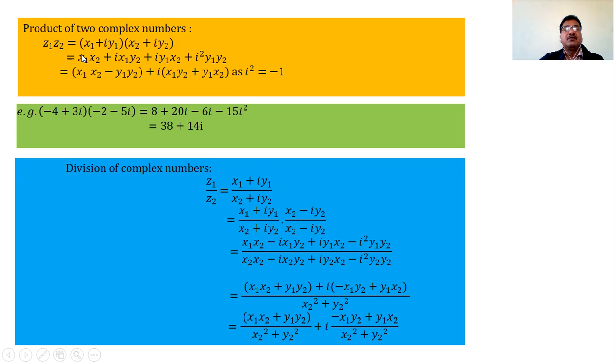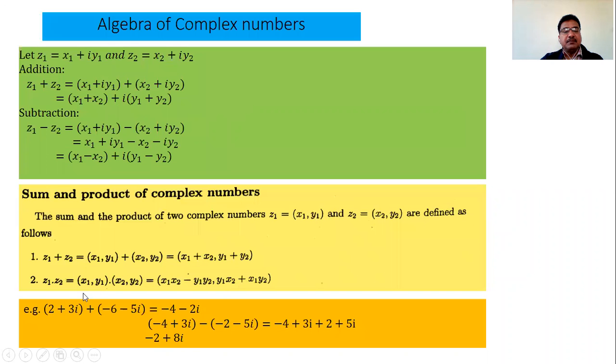That's why we have x1 x2 minus y1 y2. This becomes the real part, and then plus i common from these two, so we have x1 y2 plus y1 x2. So this is the product of two complex numbers.